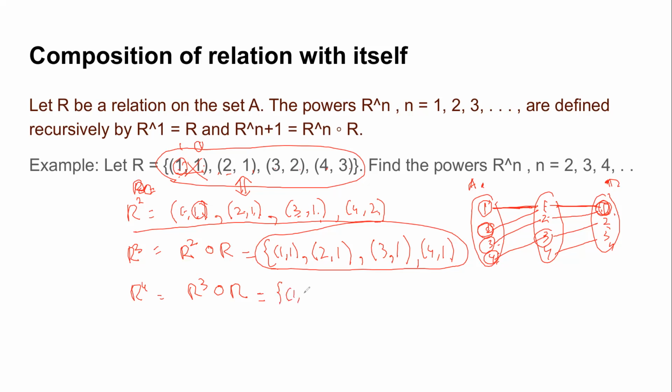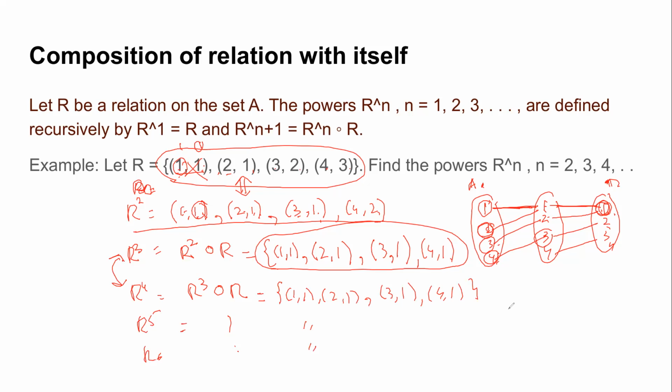Dhananjay thinks it's 1, 1, 2, 1, 3, 1, 4, 1. Any other ordered pairs? You can see these two are the same. And now if you compute R5, R6, you will see all of them are the same.